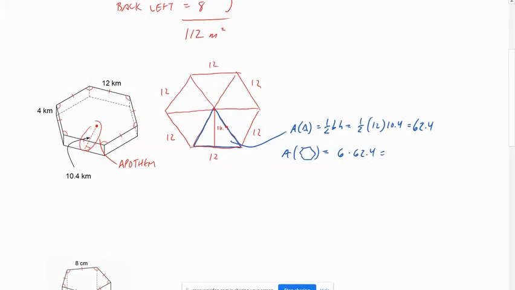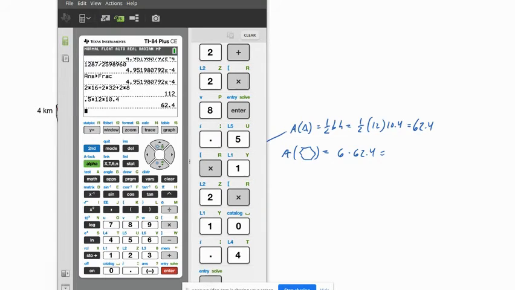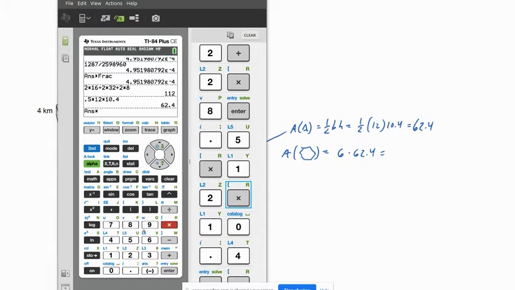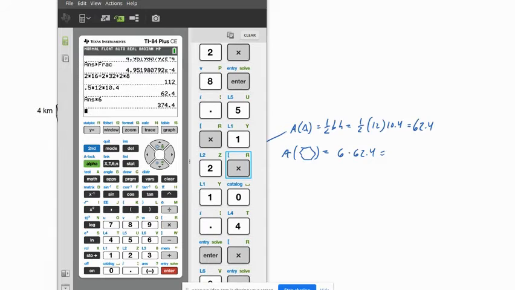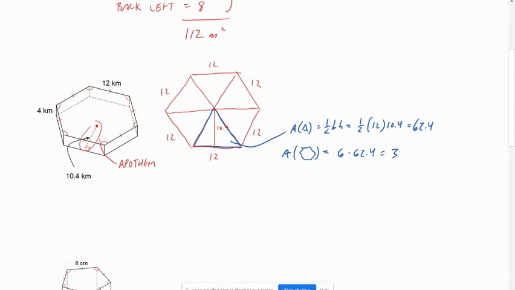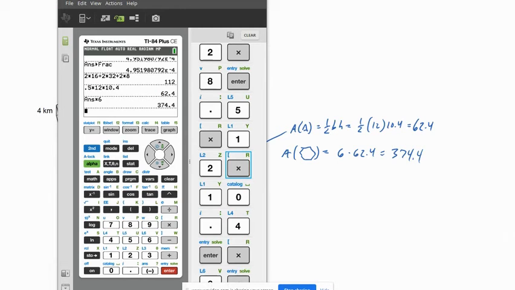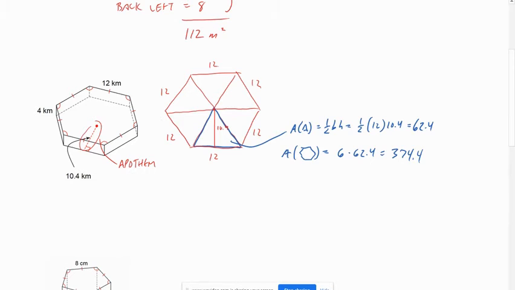And so 6 times 62.4 is 374.4. So I just took that previous answer of 62.4 multiplied by 6, and I got 374.4. Okay, so now we know the area of the top and the bottom.